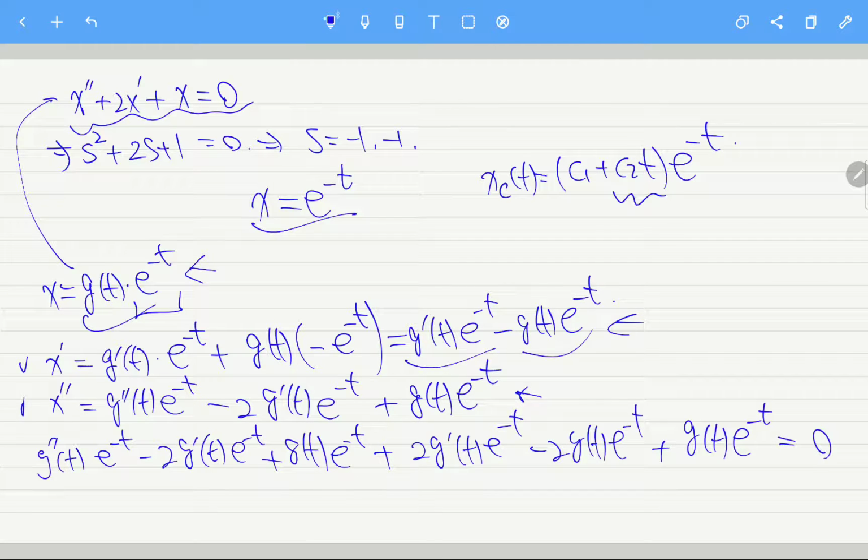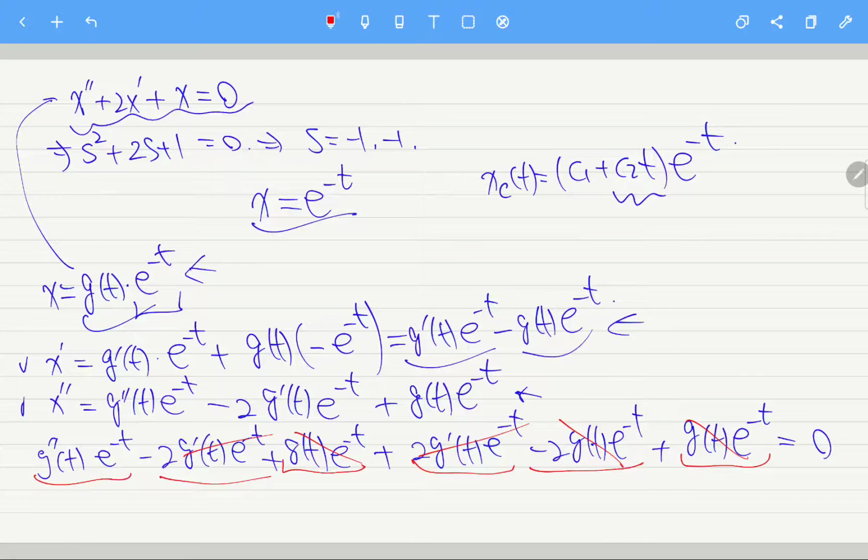Okay, so we can see that this term and this term can be cancelled. This is g of t exponential to minus t, this is another one, this is minus 2, so this one and this 2 can be cancelled.